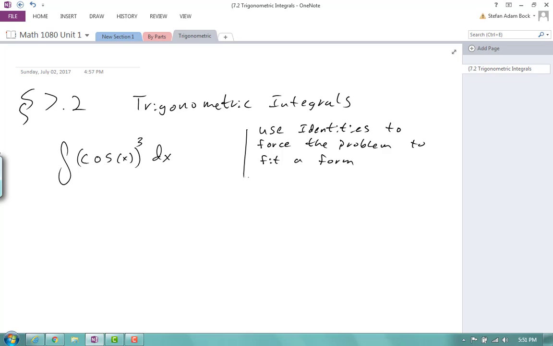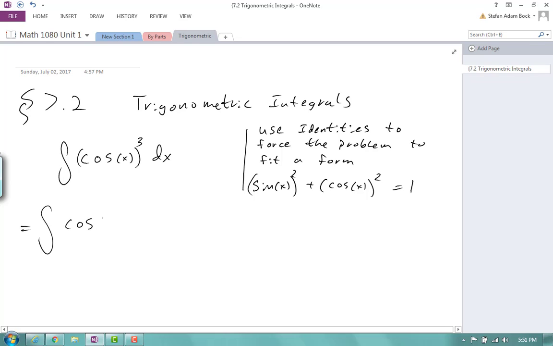And we're really just going to use basic ones. We're going to have sine squared plus cosine squared is equal to 1. So I'm going to take 2 of these cosines in here, and I'm going to turn them into 1 minus sine squared.